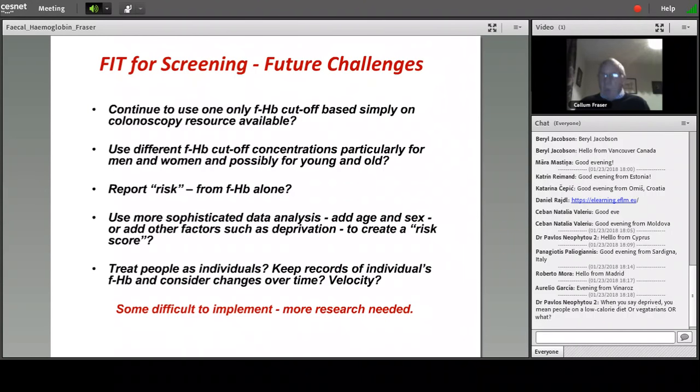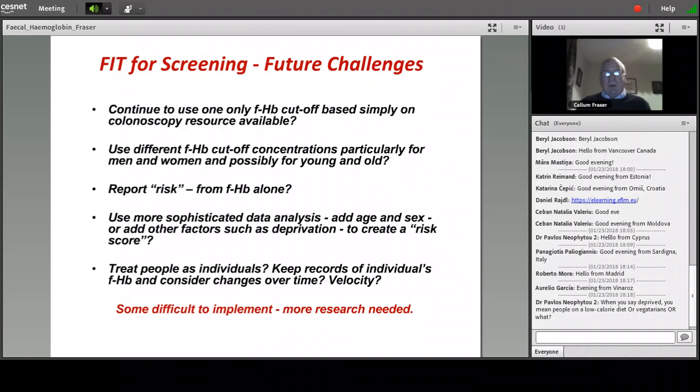And more especially, we could use fecal hemoglobin alone, as our colleagues in Taiwan have elegantly shown, as well as our colleagues in India. Or we could use this more sophisticated score. But the real future is to treat people as individuals.